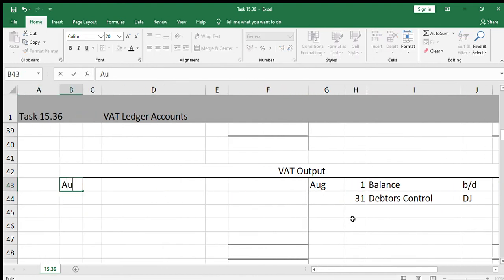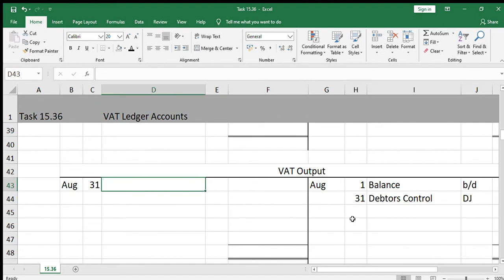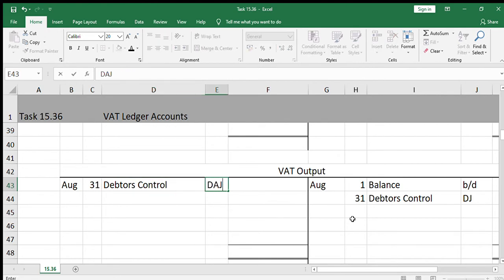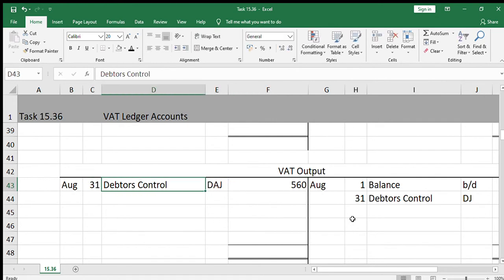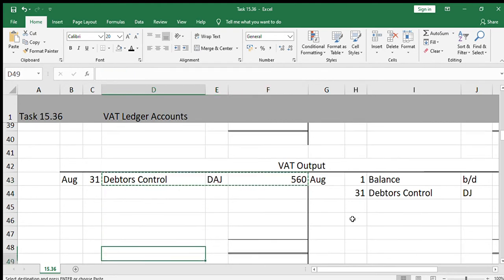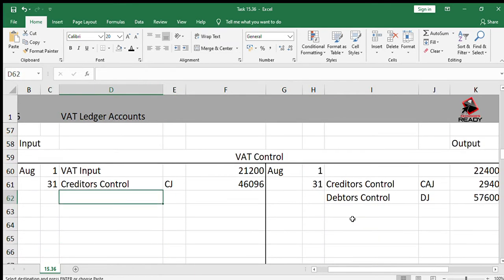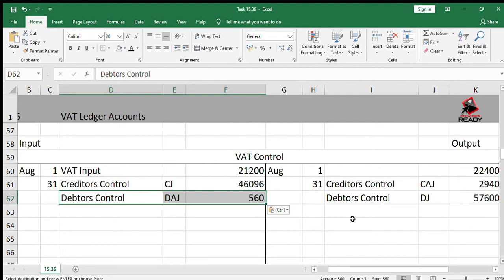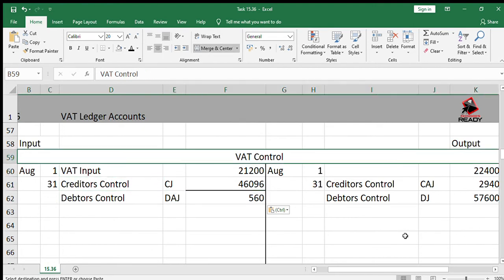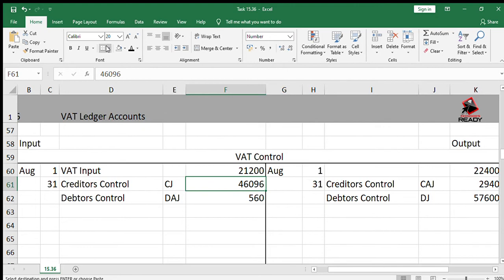So on August the 31st, in the VAT output account, we have debtors control, but now on the other side, because this is the DAJ, this is goods which have been returned by a debtor, the amount is 560. And it's on the debit side of the VAT output. So if we were only doing the VAT control account, it would also go to the debit side here, 560.